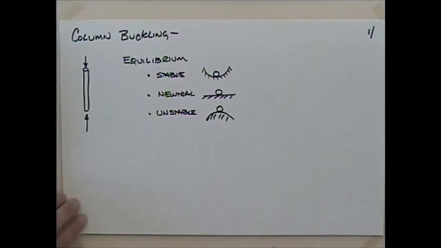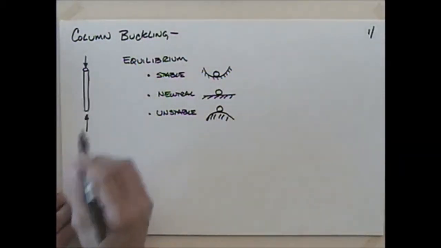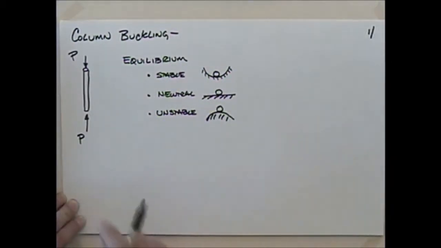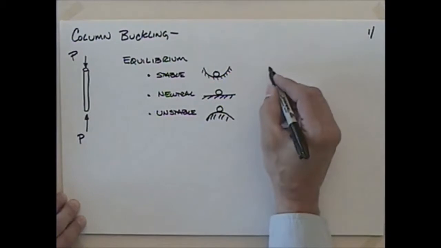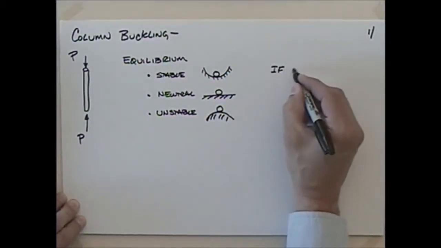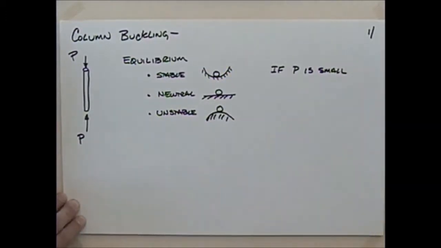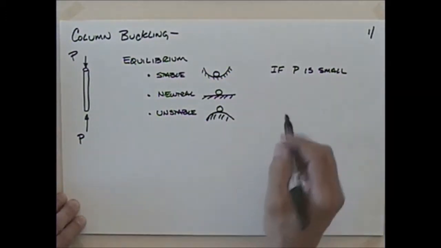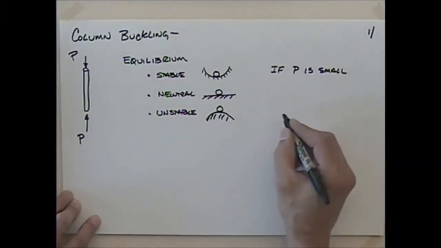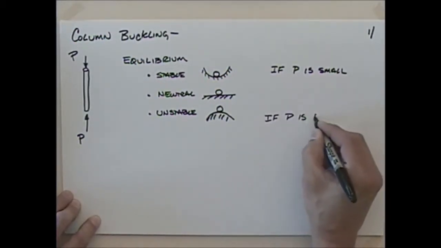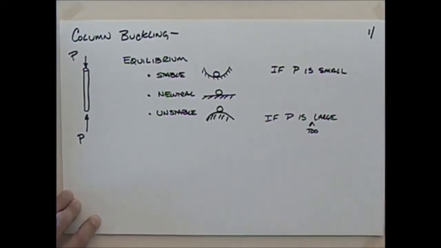So I wanted to look at this in terms of column buckling and talking about this load P here. If P is small, we have a stable situation. If P is very large, and maybe we would say too large, we'd have an unstable situation.